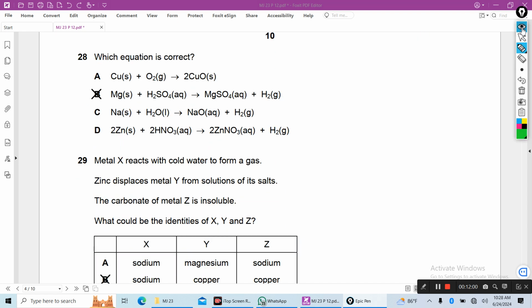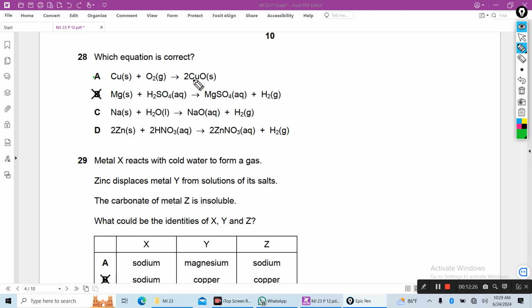Now 28, whose equation is correct? Magnesium reacts with sulfuric acid to produce magnesium sulfate plus hydrogen. So this is correct. Why is A wrong?